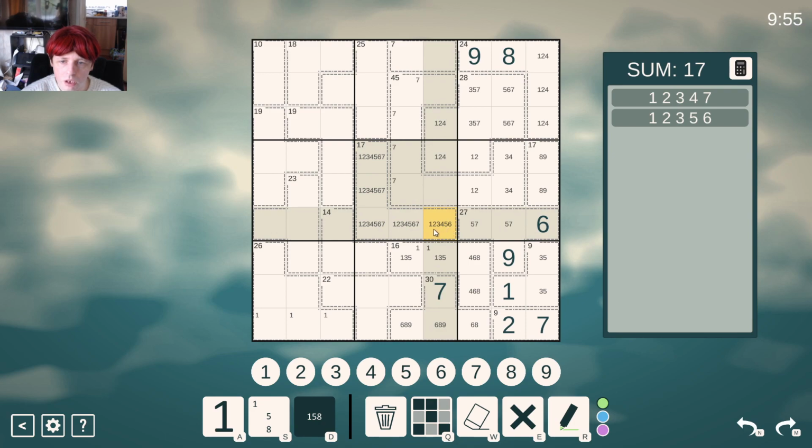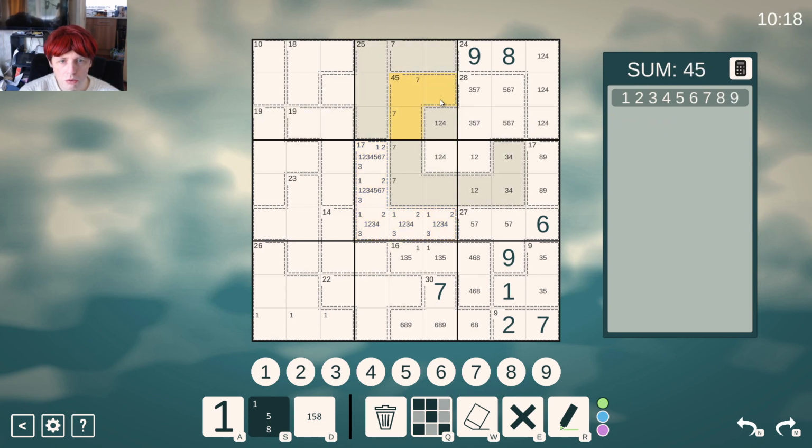That's not 7. And those are 6 or 5 or 7 actually. And must contain 1, 2, and 3. So there must be a 1 or a 2 amongst that lot. Doesn't tell us enough really though.